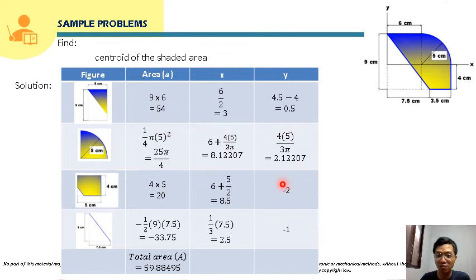That's why it is negative here. Don't forget that, class. You have to consider the sign convention. Since the centroid of this rectangle is below the reference point, the y-coordinate will be negative.